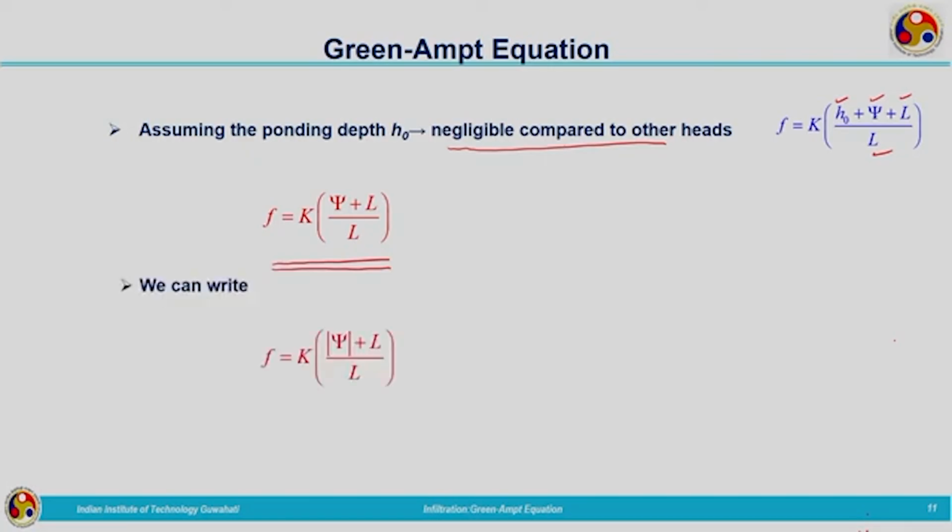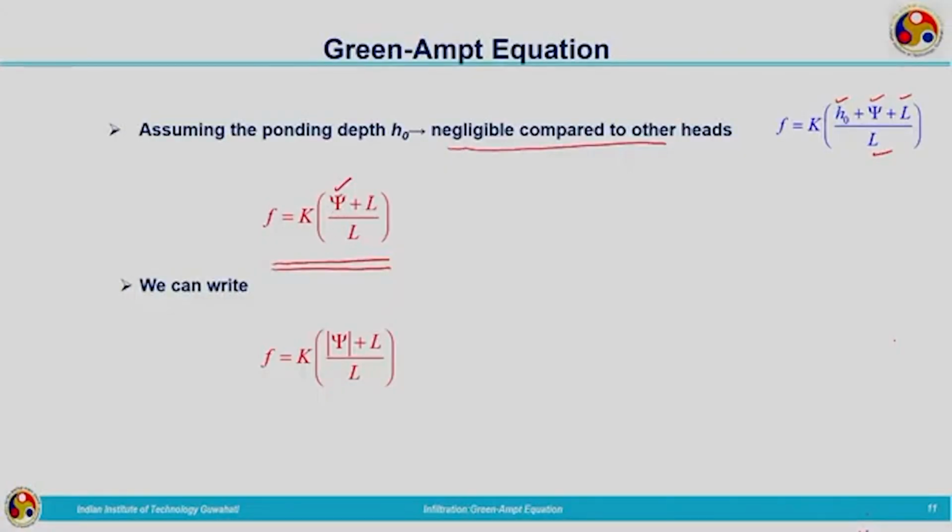Now, we can write F is equal to K mod of psi plus L divided by L, because this psi has already incorporated the negative sign. So, if in some numerical problem you are solving, suction head is given as some centimeters, even though it is negative pressure head, you do not have to consider the sign there, because while deriving the Green-Ampt equation itself, we have considered that sign, and the final expression was not having any sign.